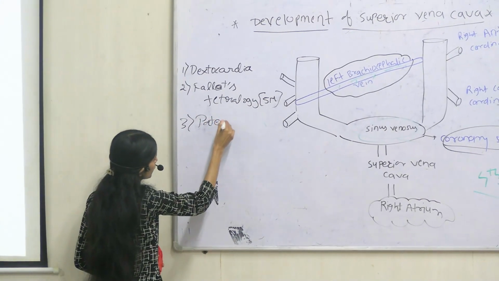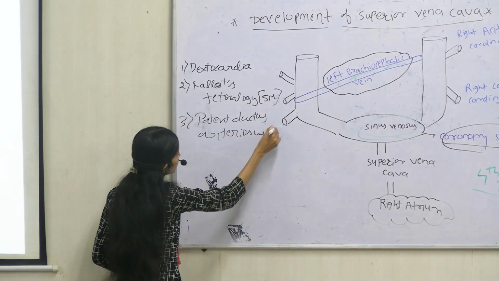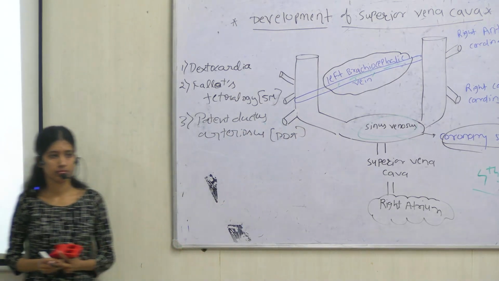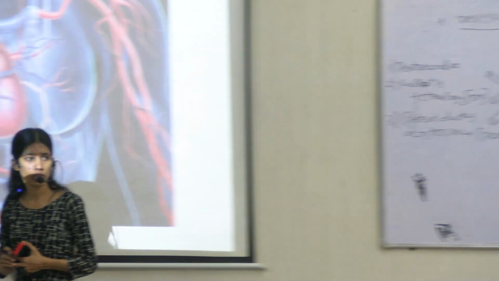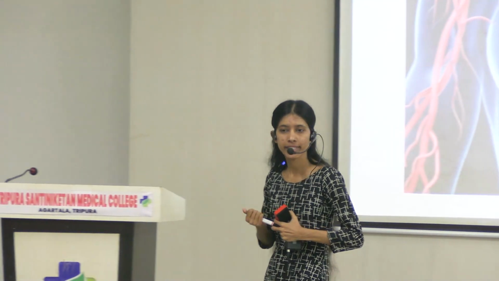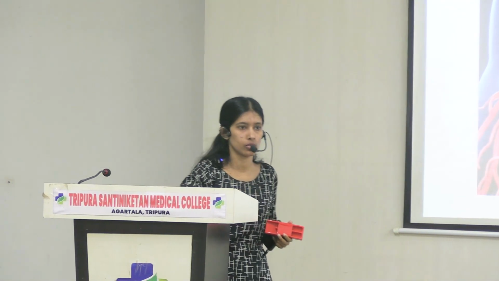Patent Ductus Arteriosus. Dextrocardia, Fallot's tetralogy and patent Ductus Arteriosus, PDA. These are the important ones.